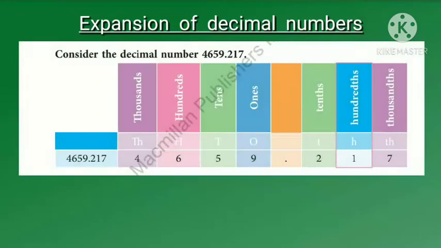We consider the decimal number 4659.217. 4 thousands, 6 hundreds, 5 tens, 9 ones. Then decimal point. 2 tenths, 1 hundredth, 7 thousandths.